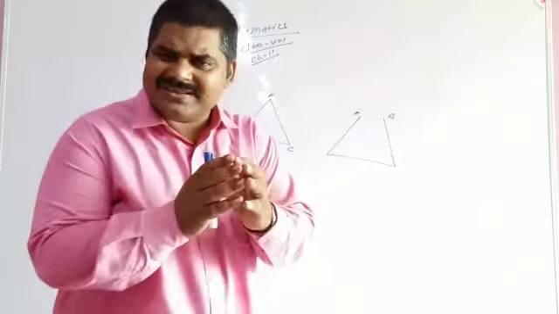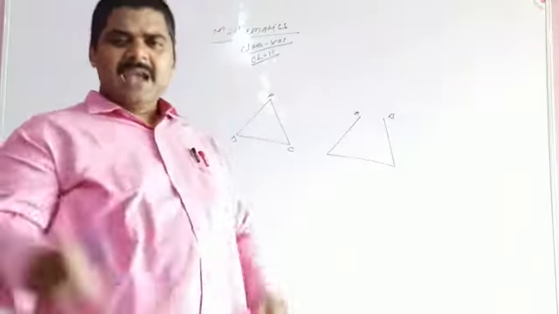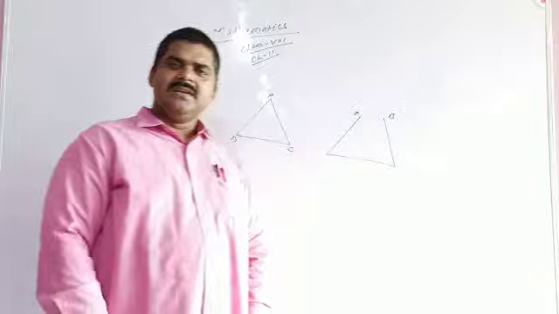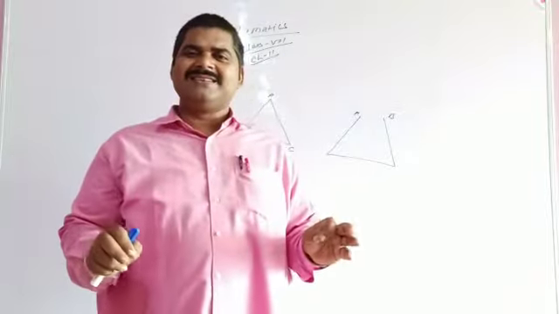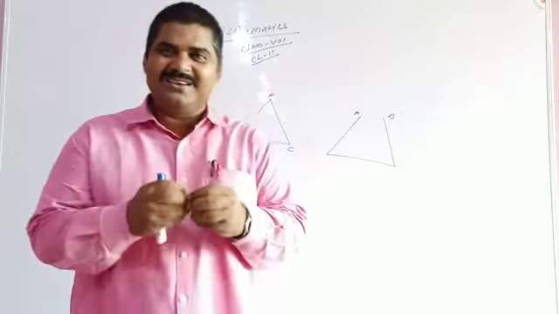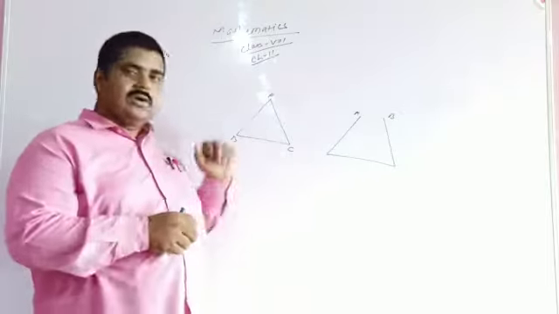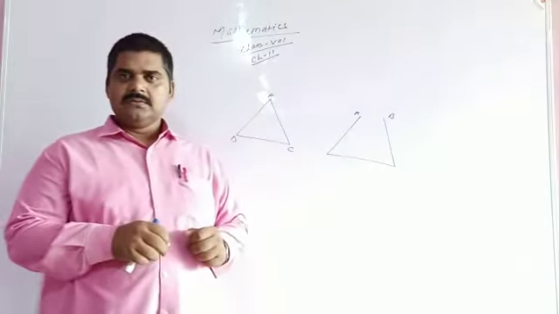They are not distinct, not different. Such a figure in which these two are not distinct is known as a closed figure. So this is a closed figure and this is an open figure.